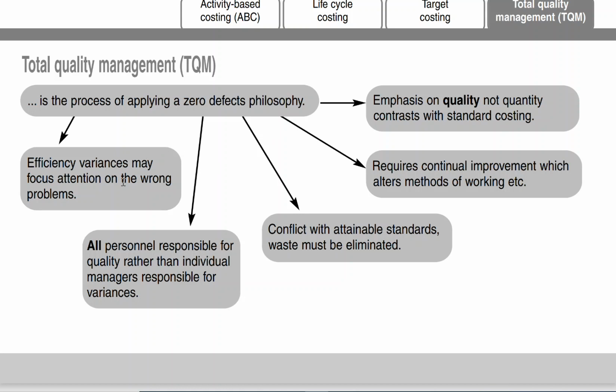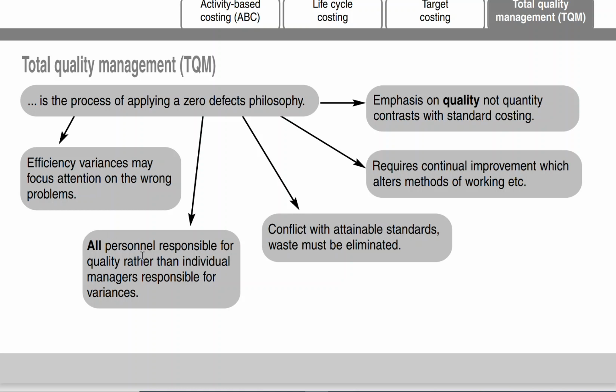Remember, the traditional method says that there are some variances. TQM says variance is the wrong way. For example, if you look at labor efficiency, you believe that if labor produces more units in less time, it is a good thing. But in total quality management, if the quality of the product is not good, then it is not a good thing.